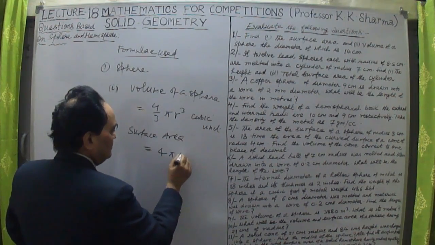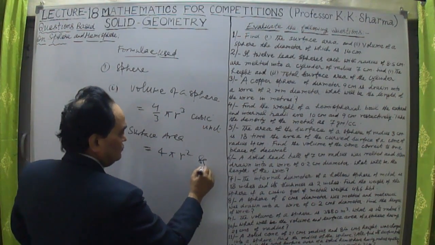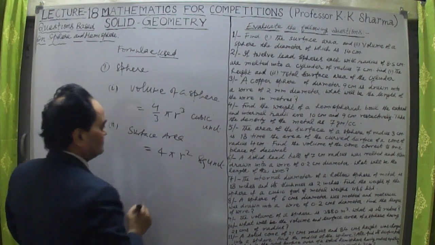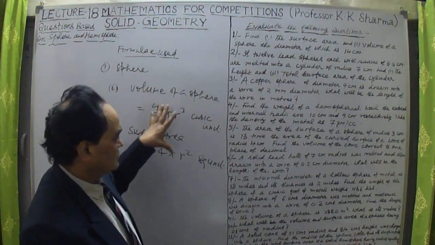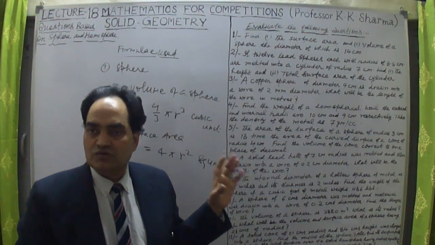It is 4 into pi into r square, square unit. This is the formula used for finding the surface area of a sphere. These two formulae are the only basic formulae for a sphere.